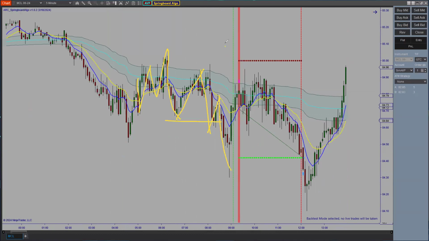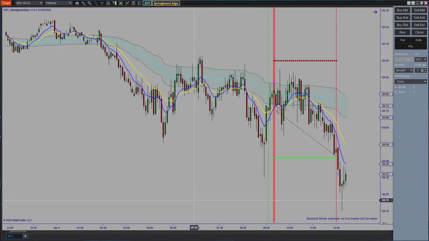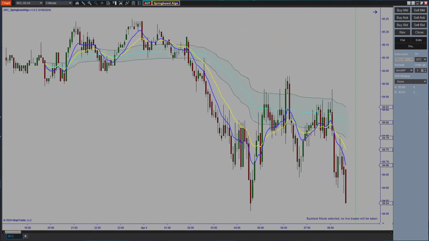Now we're looking for shorts. So we tell the algo when we get back up into this area, again, area doesn't have to be defined, but just a blanket area. We know that this caused a downtrend. We probably want to trade shorts out of there. Then you tell the algo, okay, once we get up here, engage. Nailed it.